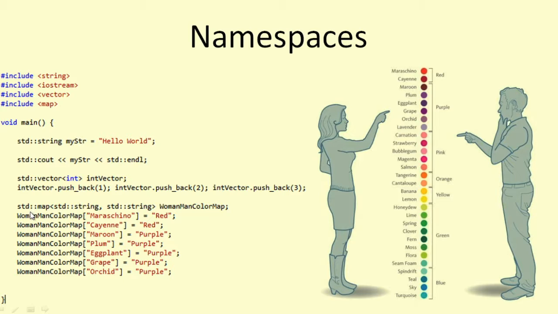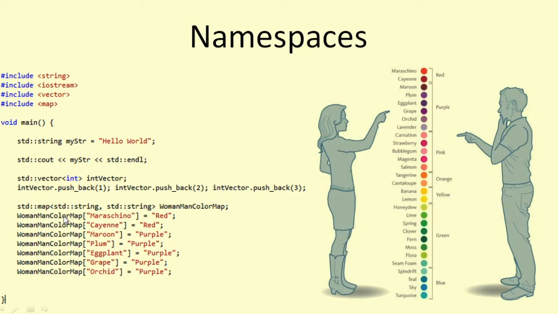Vectors we just saw before, and std::map's another one I just wanted to briefly highlight. Where basically it's again a templated class, and it basically maps one item to another item. So down here I just use this example that I found on the net of basically colors and how women define them and how men define them. So, you know, maroon, plum, eggplant, grape, orchid, and lavender are pretty much purple for all intents and purposes.